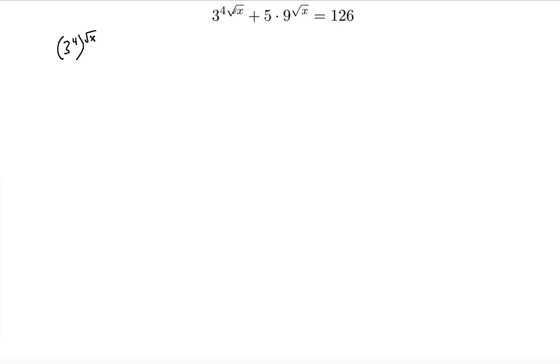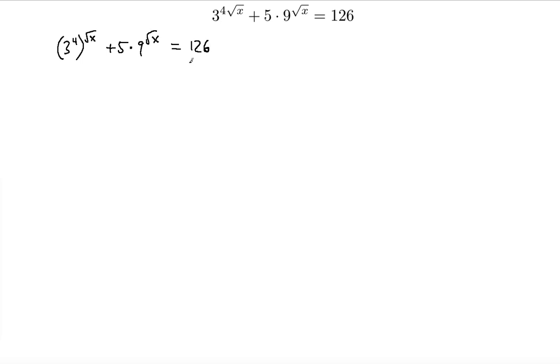And this is what the original shows. The two powers multiply, so you can separate them and assign 4 as an exponent of 3 in parentheses and then raise that to the square root of x, right? And why am I doing that? You're going to see the reason why. So we're going to copy the rest: 5 times 9 to the square root of x is equal to 126.